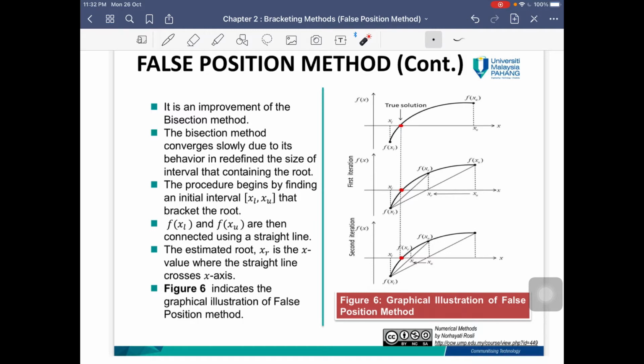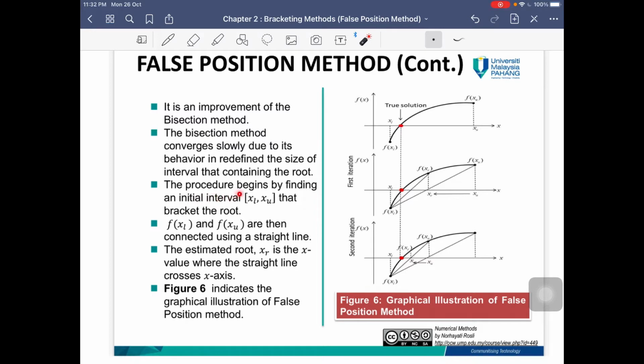In Latin, the false position method is also known as the regula falsi method. Now let's look at the procedure for how to calculate our root estimation using the false position method.